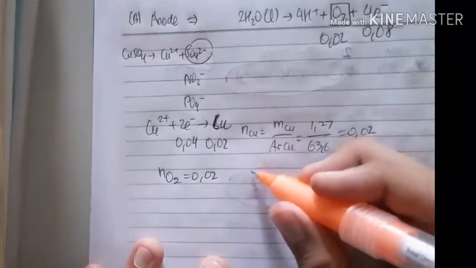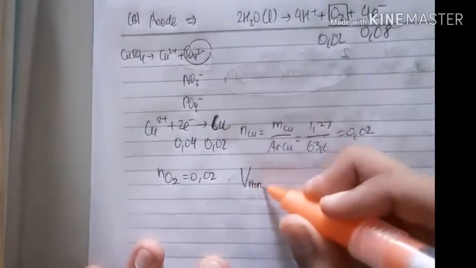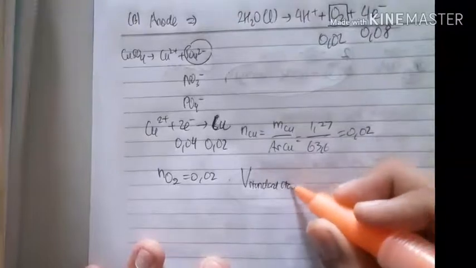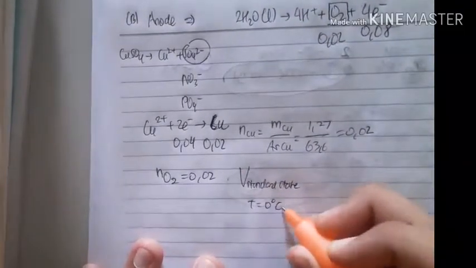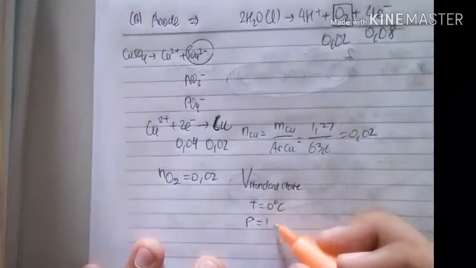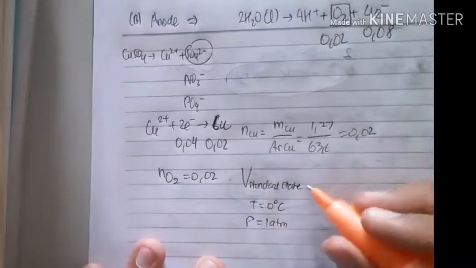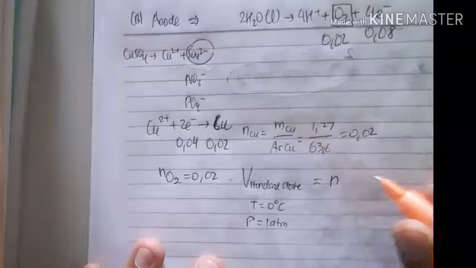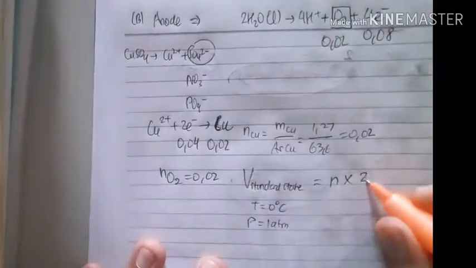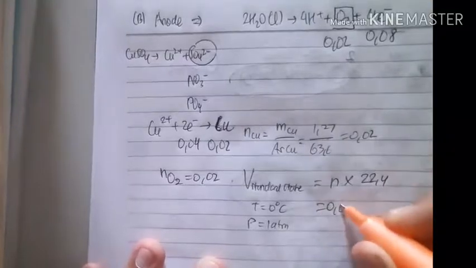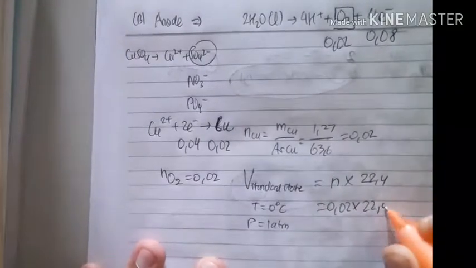Therefore, we see in the question the volume in standard state. Remember also that standard state is when the temperature is 0 degrees Celsius and the pressure is 1 atmosphere. That is the mole of the compound whose volume we want, times 22.4. So 0.02 times 22.4.